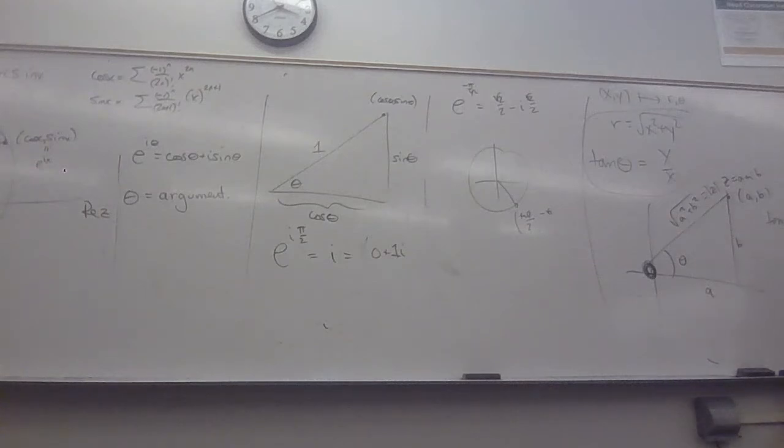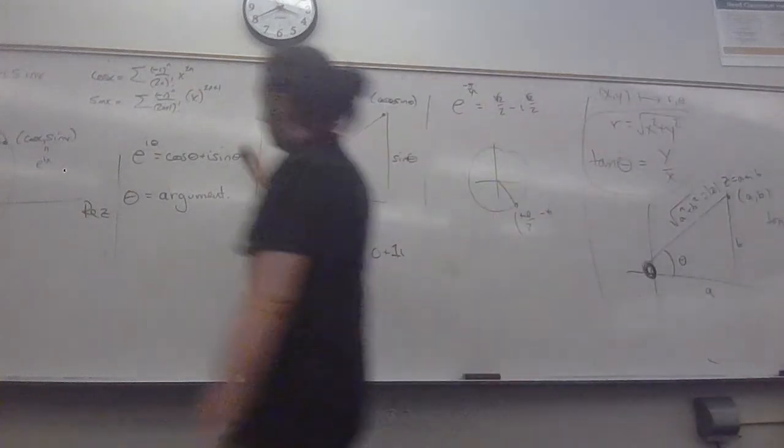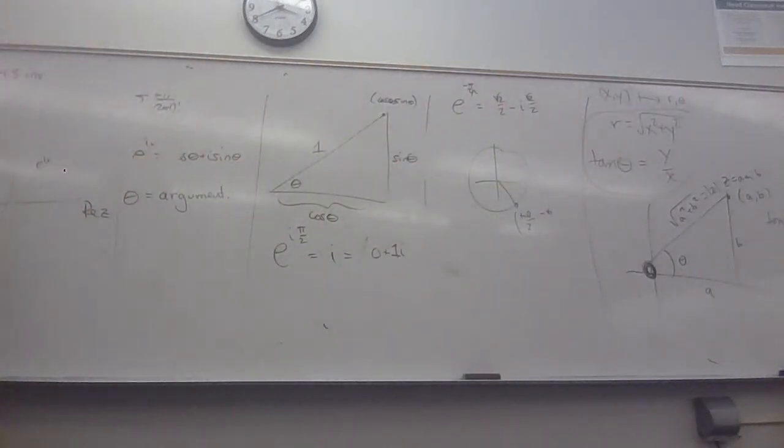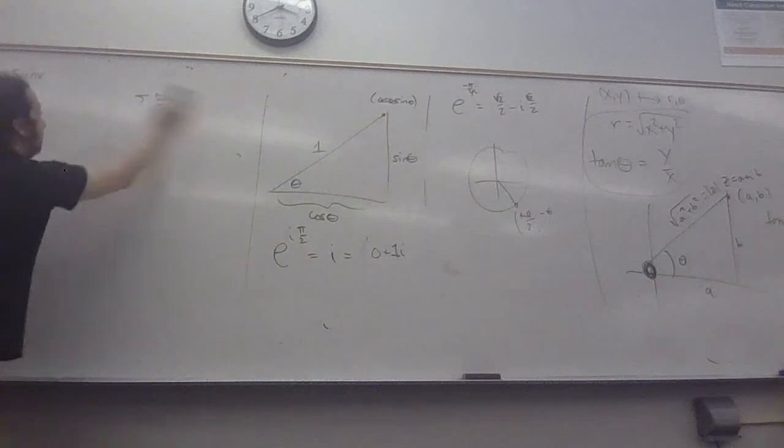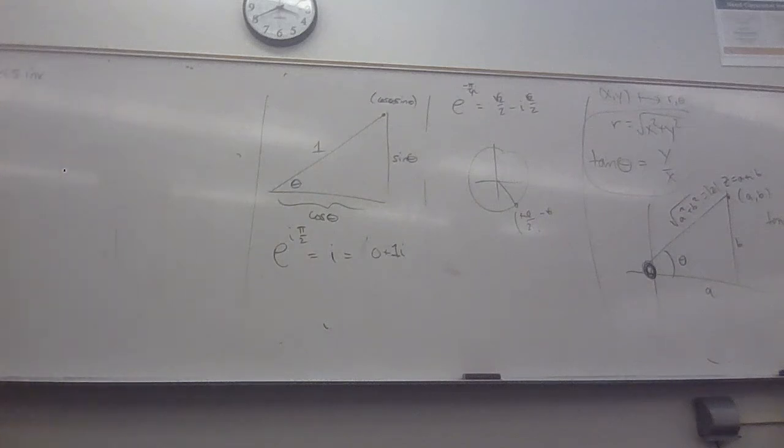What that means is that every complex number z can be written z is equal to r e to the i theta. This is called the polar form.